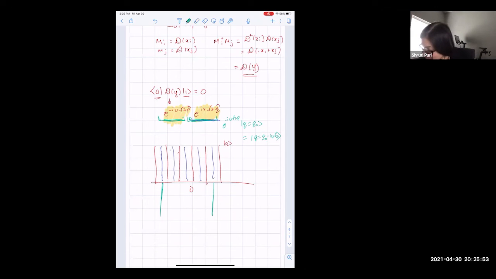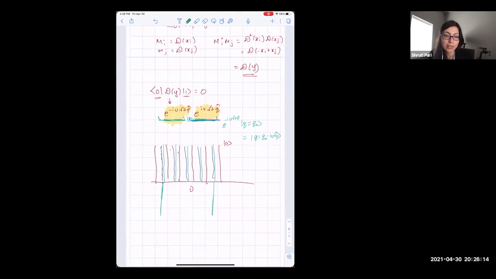So some of the blue peaks then move a little bit. But you see that if they don't move too much, they're still going to be orthogonal to the 0 state. What do I mean by they don't move too much? They basically can't move more than half of the distance between two of the peaks.